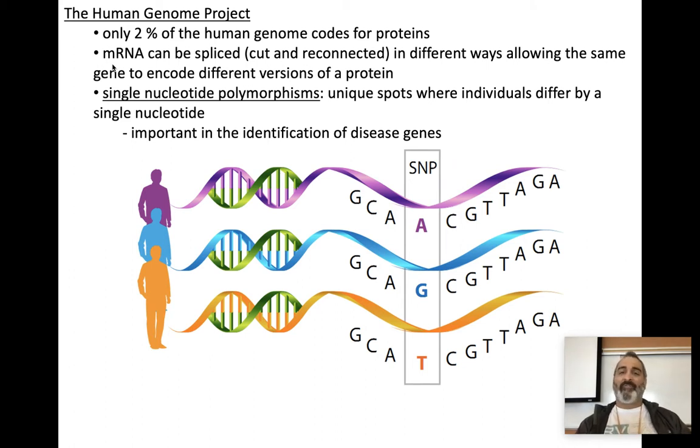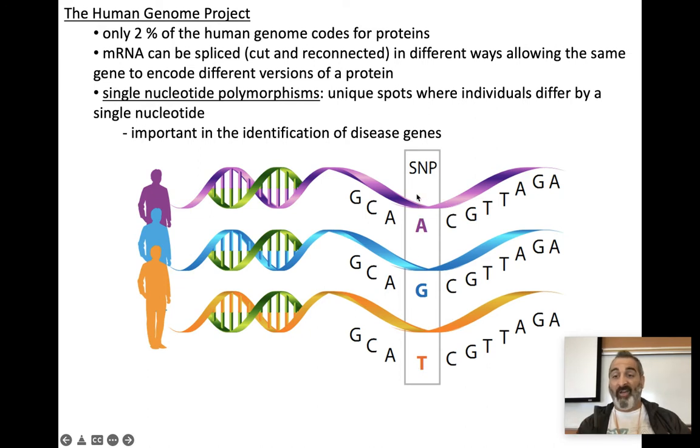We also discovered that humans have these things called single nucleotide polymorphisms. What it means is one letter is different in our DNA in some areas, in some particular genes. These particular genes, in a lot of cases, are disease genes. So we can actually use the fact that only one letter is different in a disease gene.